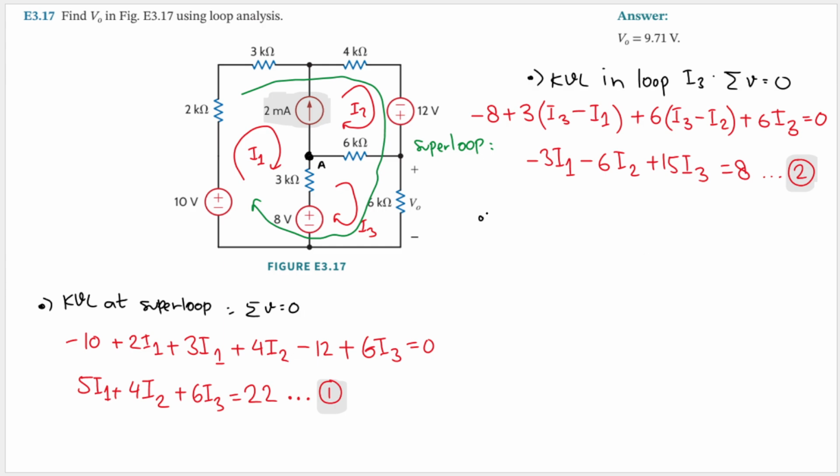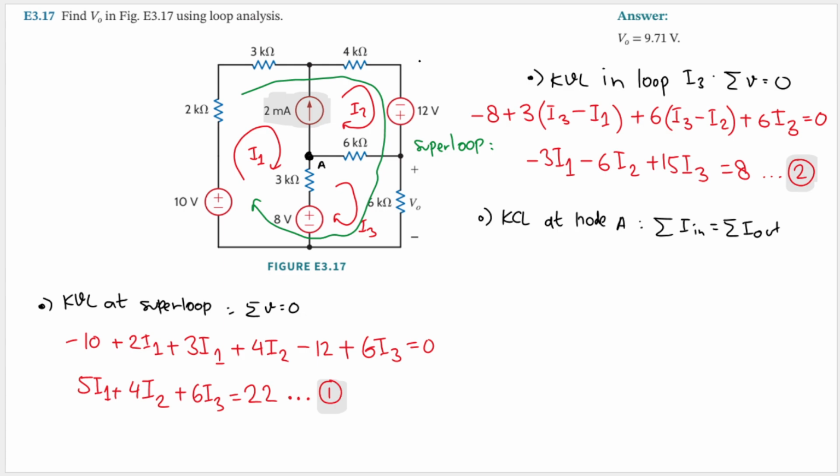Let's do KCL at node A. KCL says that the sum of the currents going in equals the sum of the currents going out.